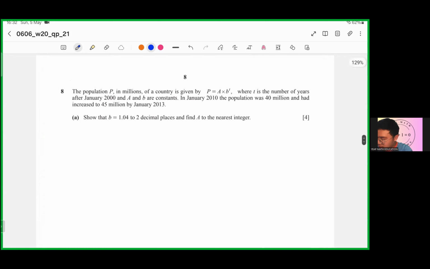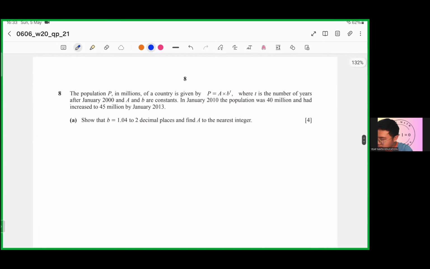Okay, now we see how to do this question. We can take 40 equals A multiplied by B to the power 10. Why do I just take 10? Because the start is 2000, and 40 million is at 2010.